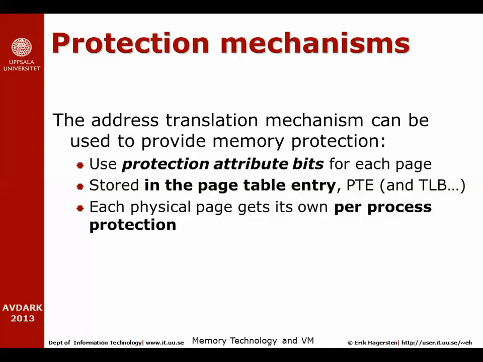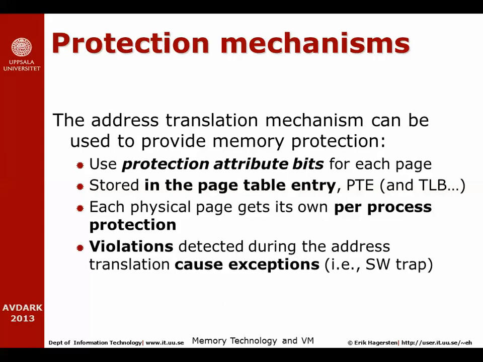It's interesting to note here that different processes may have different protection bits for the very same page. So one process may have read and write access while another process may only have read access, or no access at all, to a specific page.